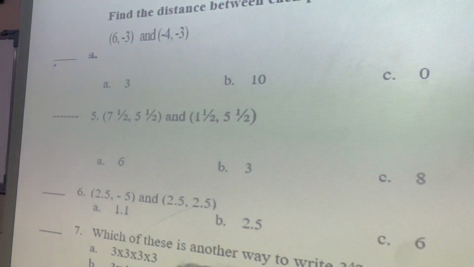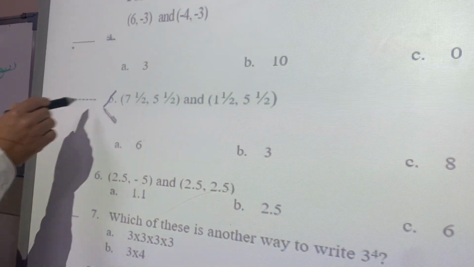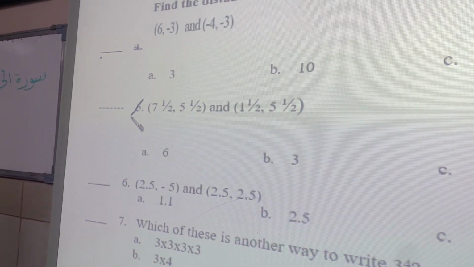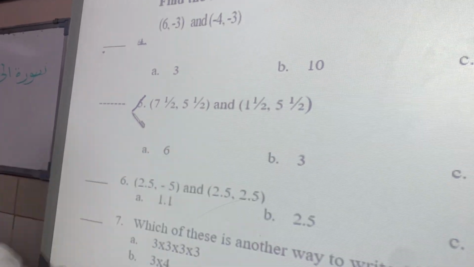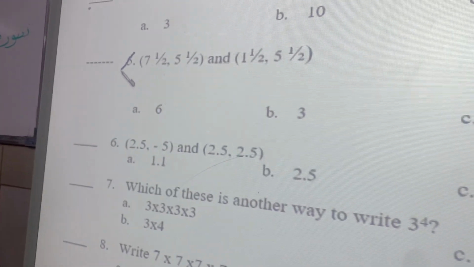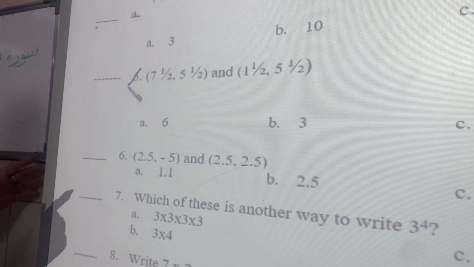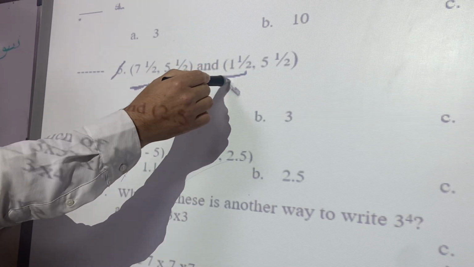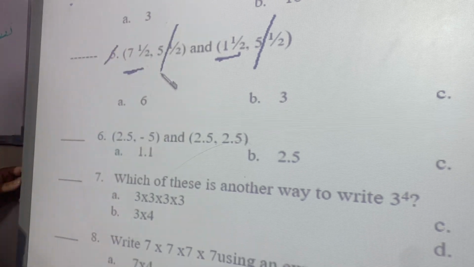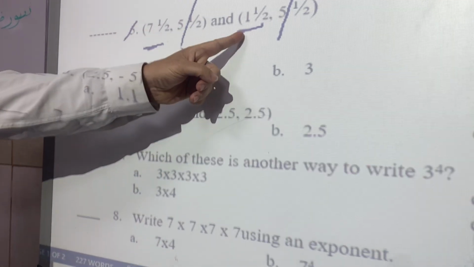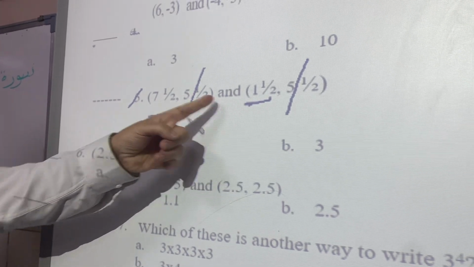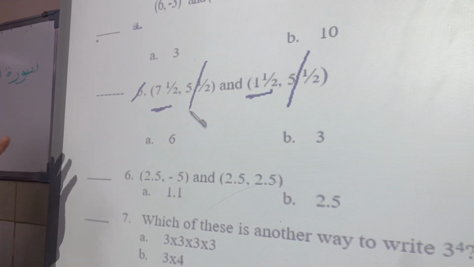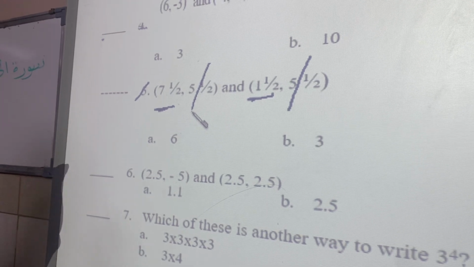Now question number 5, which may be confusing for some students. Now 7 and a half, 5 and a half, 1 and a half, 5 and a half. I just focus on the coordinates which are different. The x coordinates are different because the y coordinates are the same. The x coordinates have the same sign because they are both positive, so I need to subtract their absolute values.